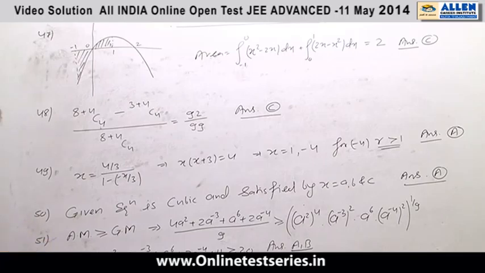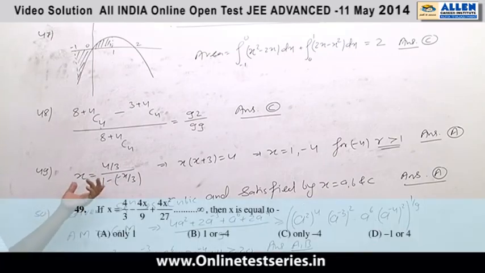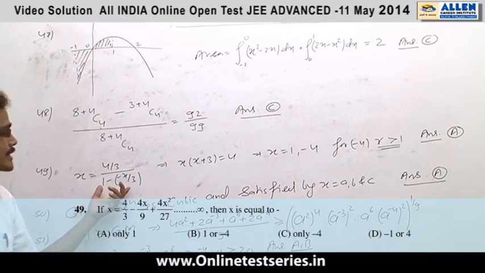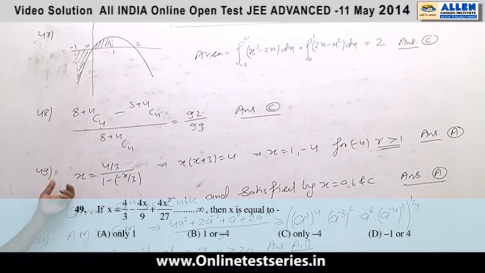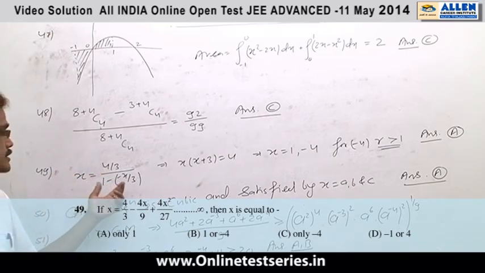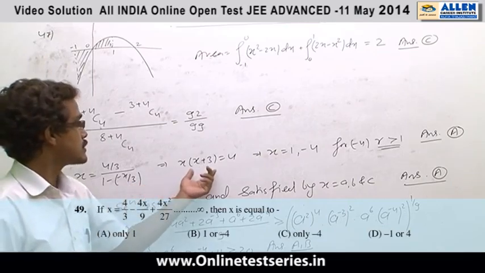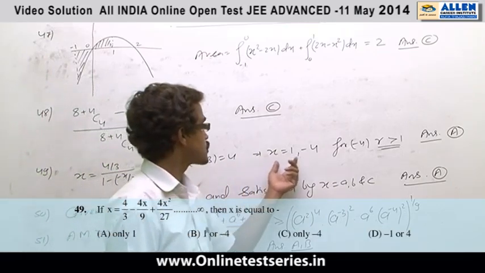Now the next question, in which we have to find the value of x, which is given by an infinite GP. By the formula of infinite GP, a by 1 minus r, because minus x by 3 is the common ratio of this GP in this question. So x is equal to 4 by 3, the first term, over 1 minus common ratio, minus x by 3. This gives us the result x is equal to 1 and minus 4.